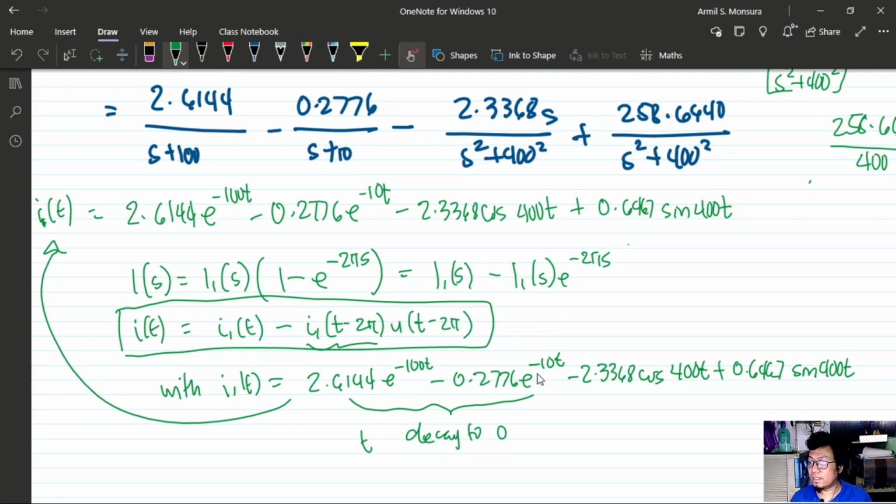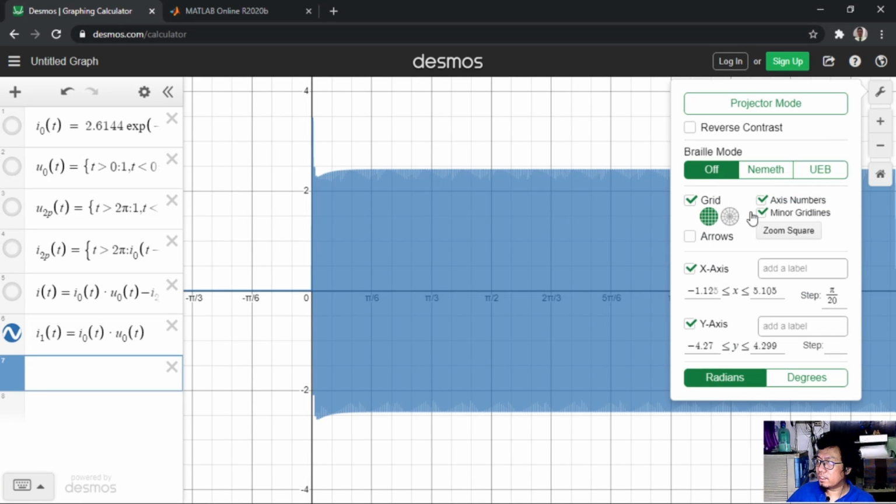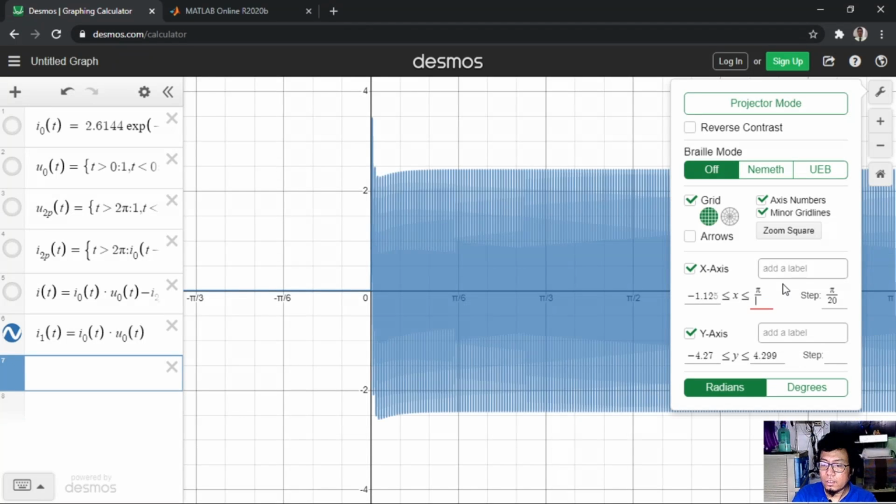So what would happen is may iwan tong sinusoid niya. After some time may iwan yung sinusoid niya. Actually in Desmos medyo mahirap mag-zoom in, no. But you can adjust this part. Say for example, let's start this from pi over 20.